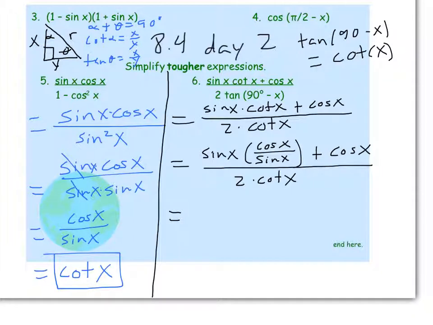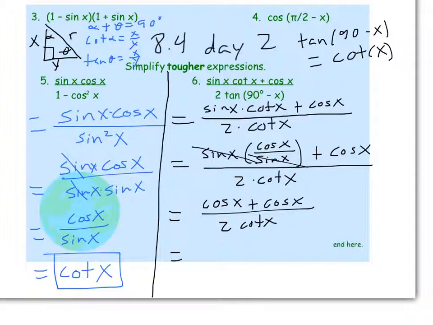Well, what good will that do? It'll actually cancel out those sine of x's, and will leave us on the top with cosine of x plus cosine of x over 2 times the cotangent of x.